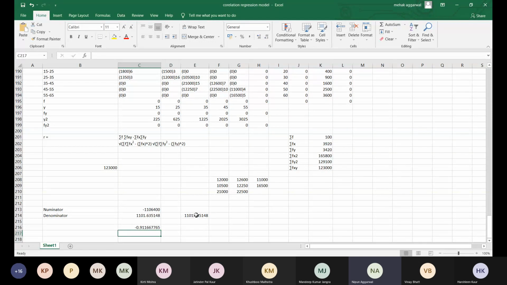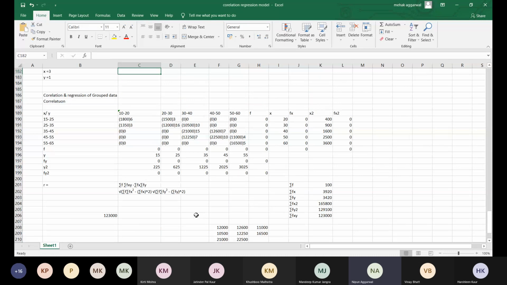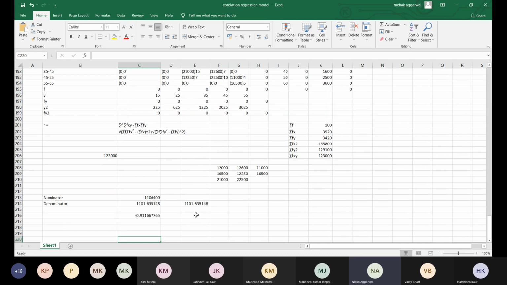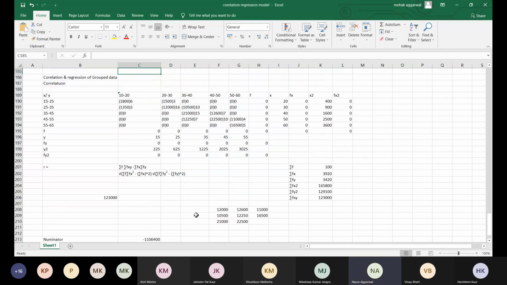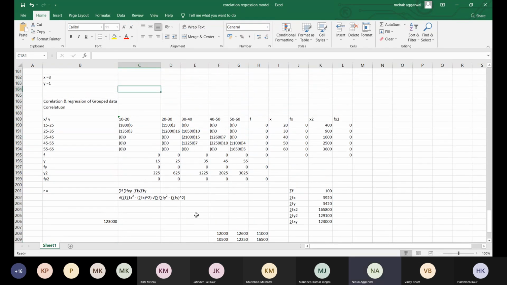So the R value comes out to be minus 0.911. So both the variables have a strong, high negative correlation between the two variables x and y. The value comes out to be minus 0.911667765. So that will be your coefficient of correlation for the grouped data.